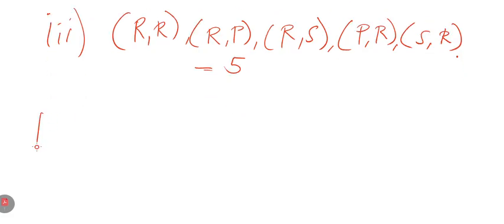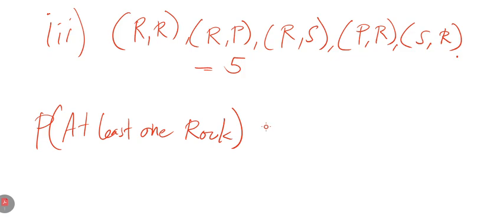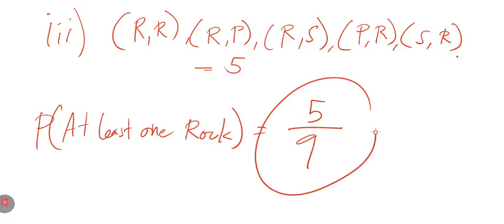Now let's write out the probability. It says at least one rock, so that is 5 over 9. This fraction cannot be reduced to a lower term, so that is the final answer.